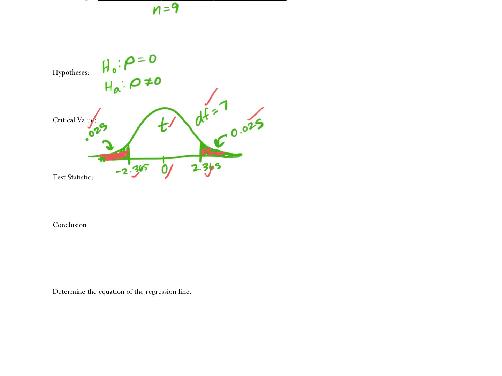Now to get our test statistic and p-value, we're going to use the exact same menu we have been using to find test statistics and p-values. So we're going to hit stat and arrow over to tests, and you want to pick the one that applies to linear regression. So you're going to pick linear regression t-test. It's the very last ones.